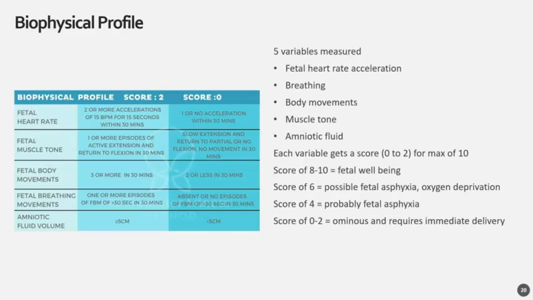A score of 8 to 10 indicates fetal well-being. A score of 6 correlates with possible fetal asphyxia, oxygen deprivation, whereas a score of 4 indicates probable fetal asphyxia. 0 to 2 are ominous and require immediate delivery of the fetus.